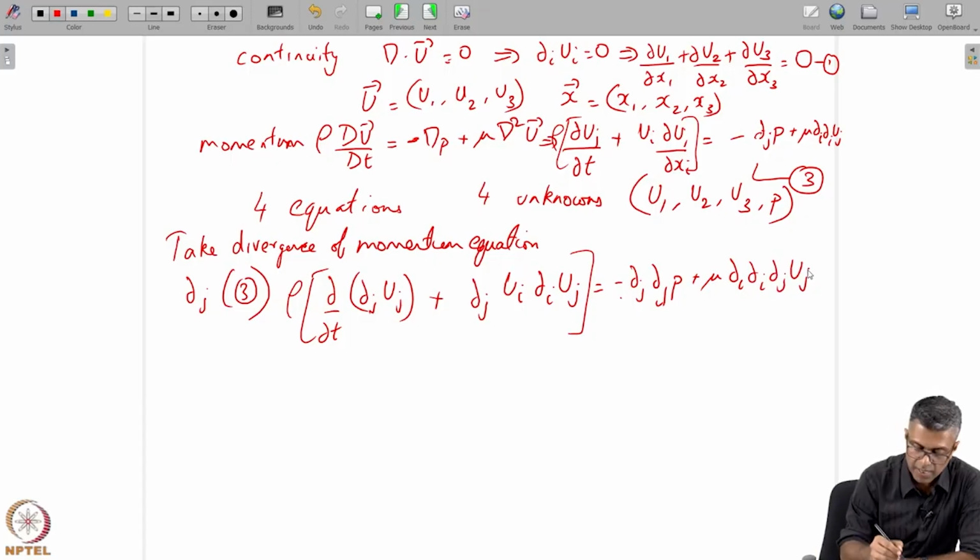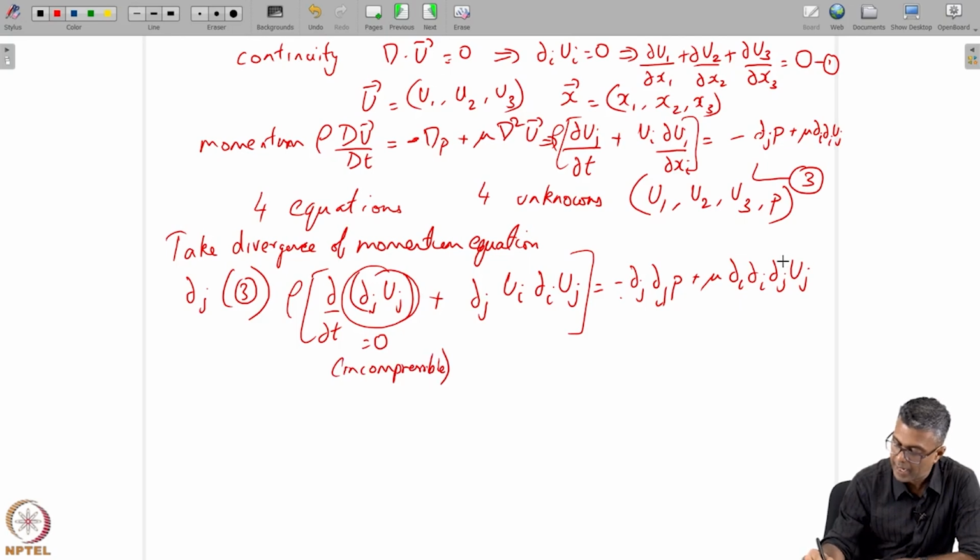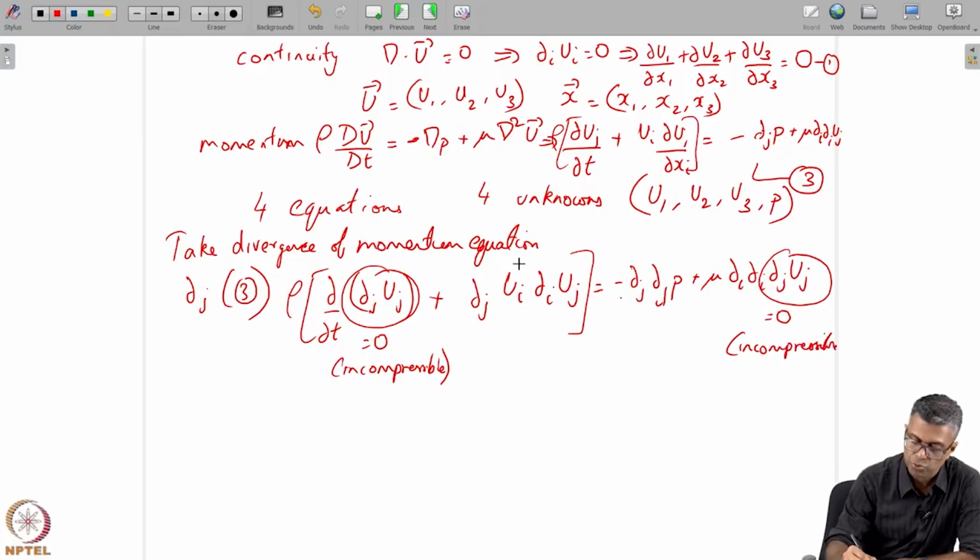Look at what happens. I have the del j uj here, which is equal to 0 because of incompressibility. And I have the del j uj here, which is again equal to 0 because of the incompressible assumption. So I have only 2 terms left.